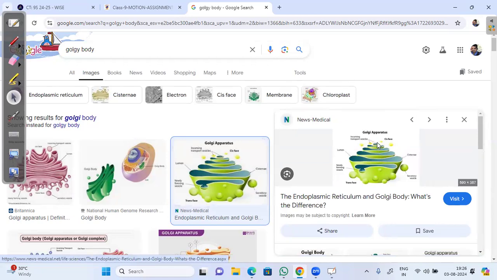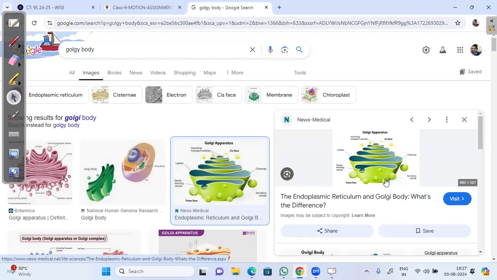At this face is the cis face, and at this face is the trans face. The cis face is also called the forming face. Incoming transport vehicles enter at the cis face, and when the vesicles are formed, they are released from the trans face.